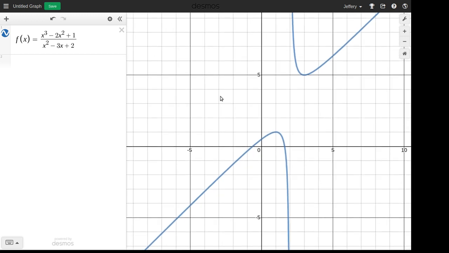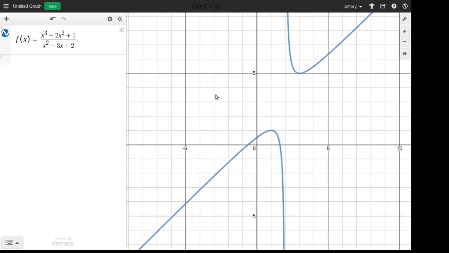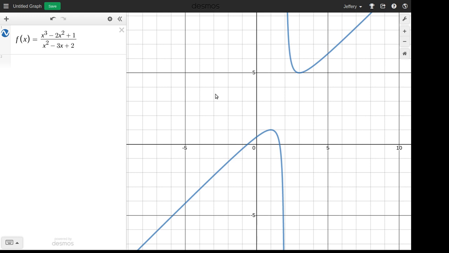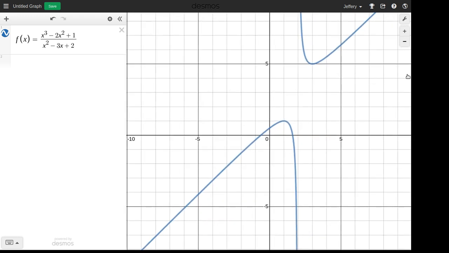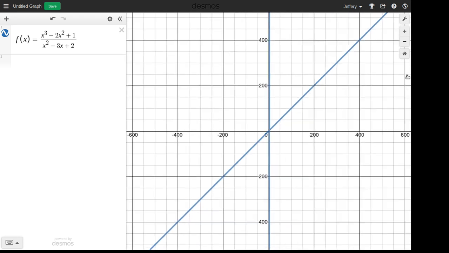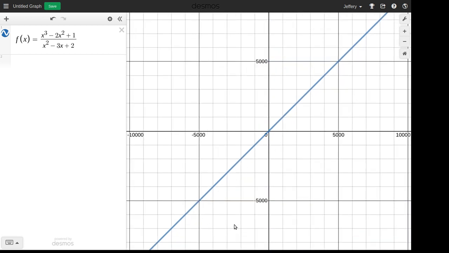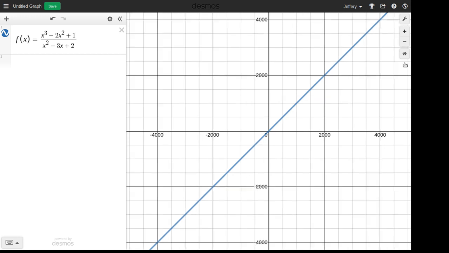It has some odd things going on with it. Zoom away from it a bit here. If I get really far away from it, it looks like a line running through. And that line is going to be important to us. We're going to develop what that line is. That's going to be called a slant asymptote.